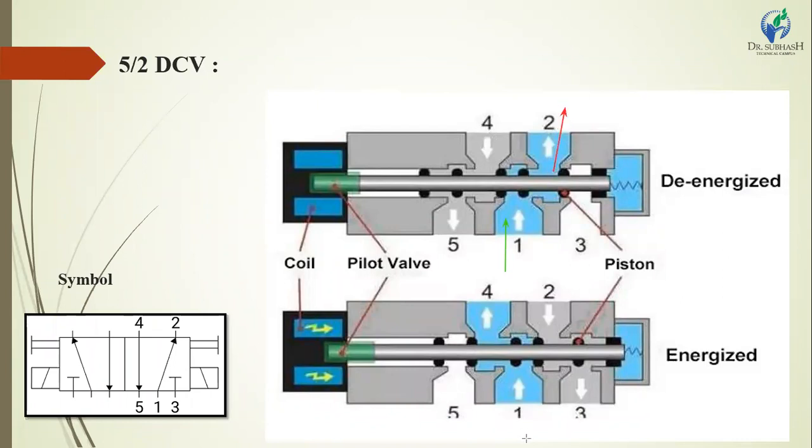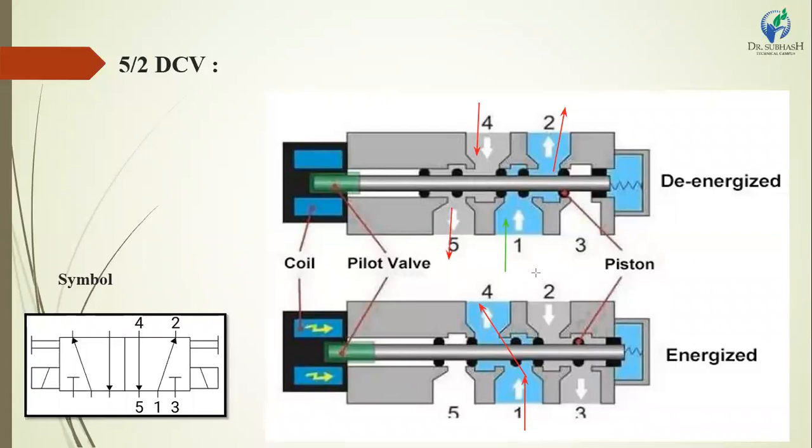In the next condition, the hydraulic oil enters from point 1 and exits to port 4. These two positions are possible. In the other actuation, the oil at port 4 is returned to port 5.